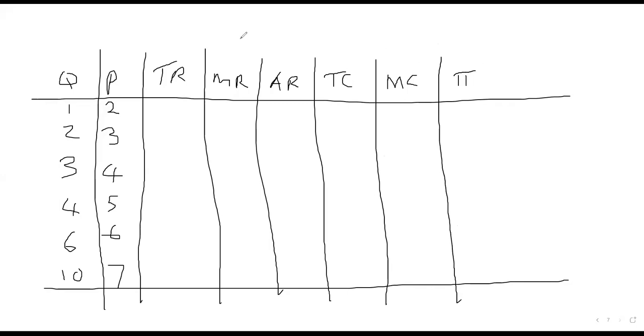You'll be given a total cost function, which is maybe given by 5 plus 2q. So let's fill in this table together. This column, how are we finding the total revenue? From the formulas we just discussed: quantity times price. So when you multiply price times quantity, what are we having here?